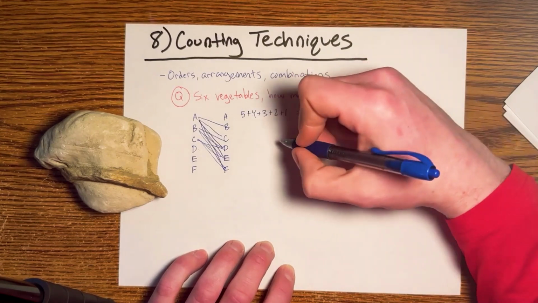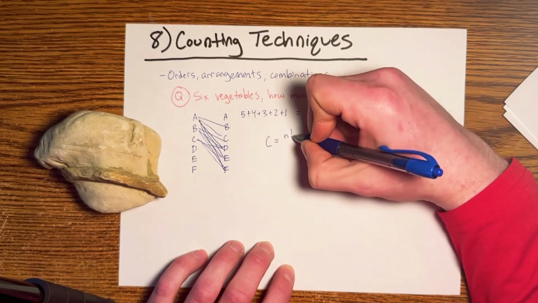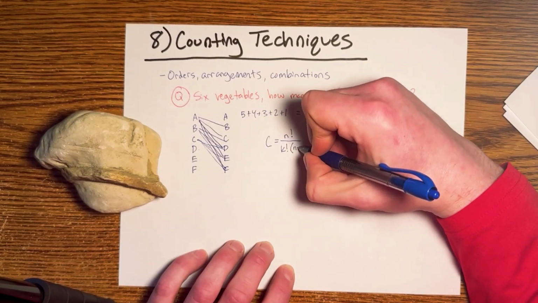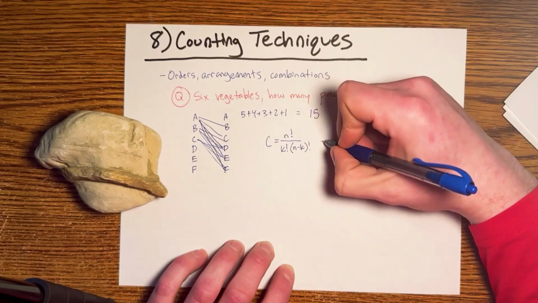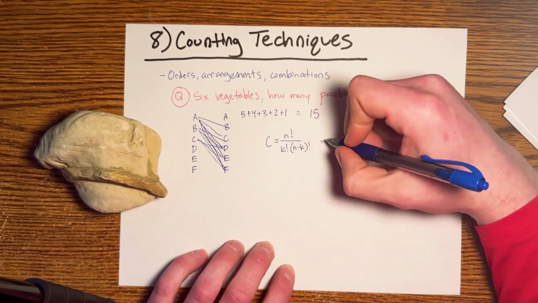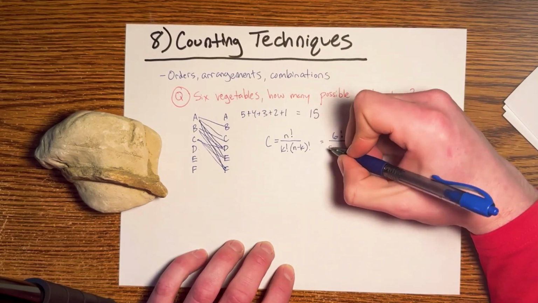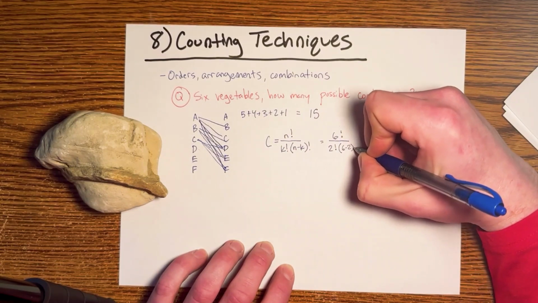The actual formula that you could use on this is that the combinations is n factorial over k factorial times n minus k factorial. Factorial refers, well, you'll see. So the n is the total number of options, so we'd have 6 options. And then the number of selections, that's what k is referring to, 2, and n minus k is 6 minus 2 factorial.